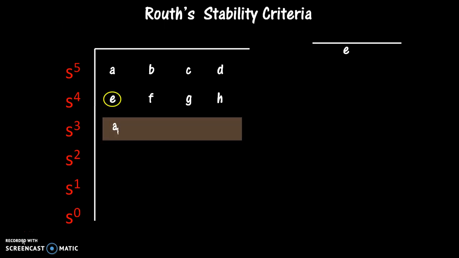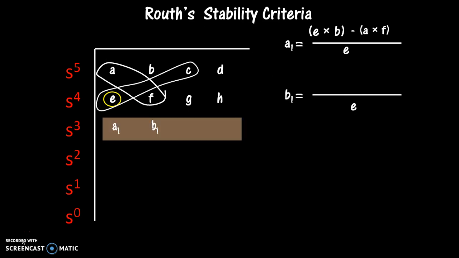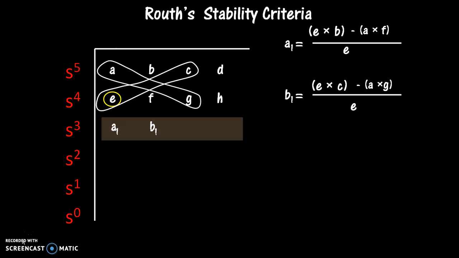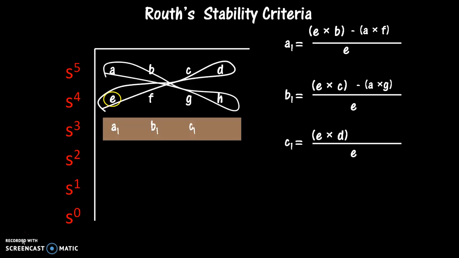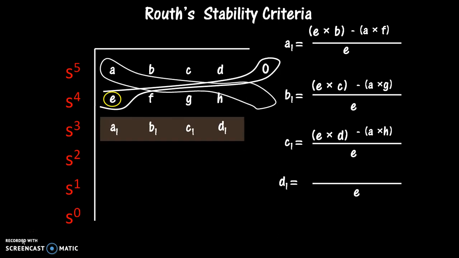So A1 can be calculated by E into B minus A into F upon E. Similarly, B1 can be calculated by using the formula E into C minus A into G upon E. Then C1 can be calculated by using the formula E into D minus A into H upon E. And if there is no entry, then it is 0. So D1 became here 0.